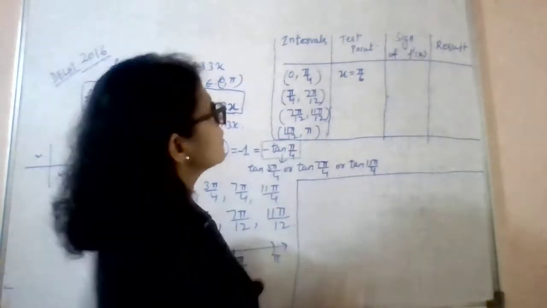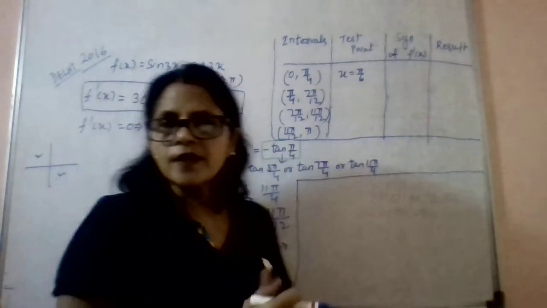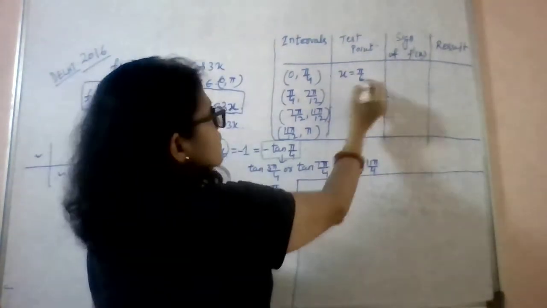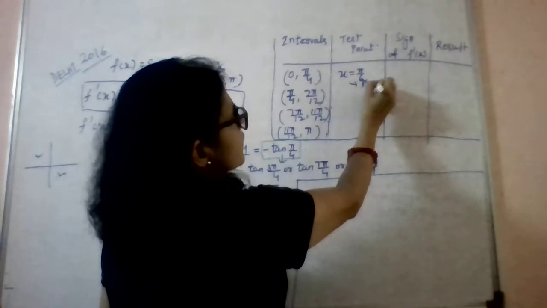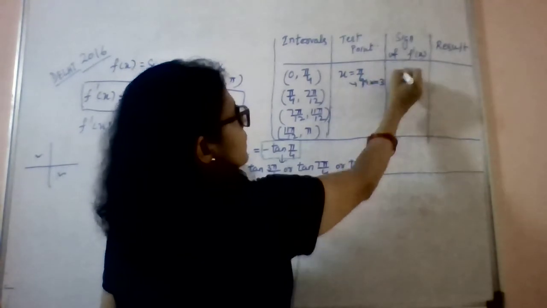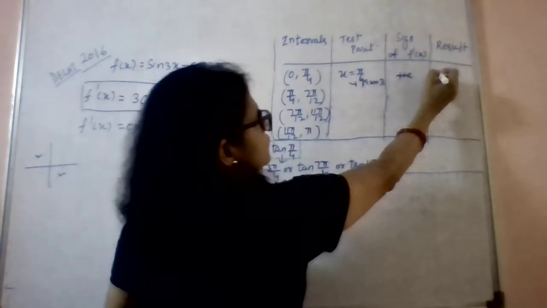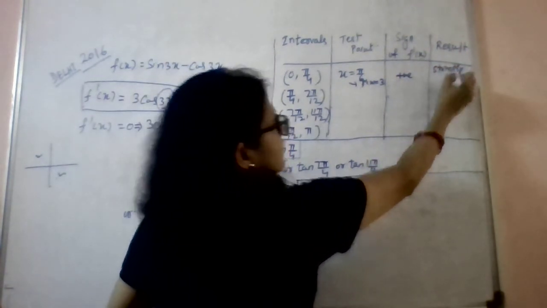So when x equals pi by 6, f dash x is equal to 3. You can write here f dash x equal to 3. It means the sign of f dash x is positive, so the function is strictly increasing.